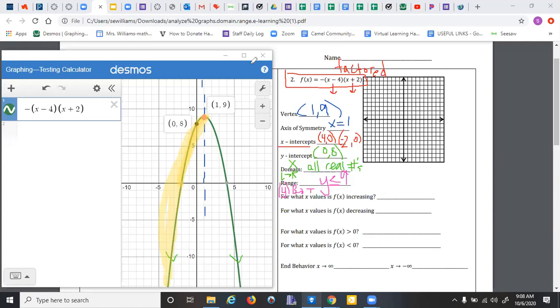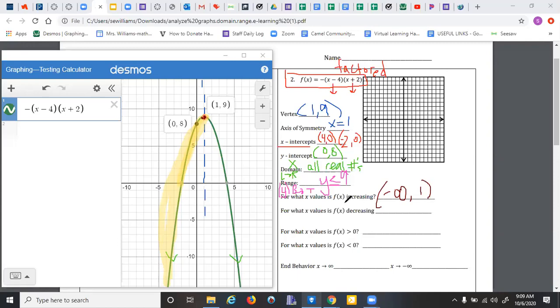So the way we write that is negative infinity to, what is your x value right here? 1.